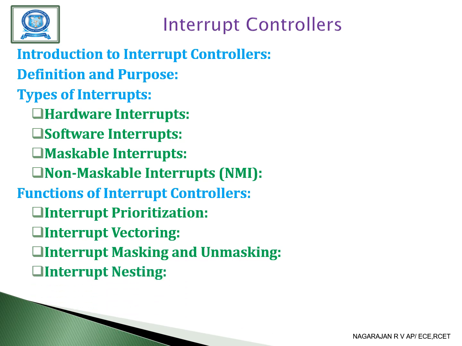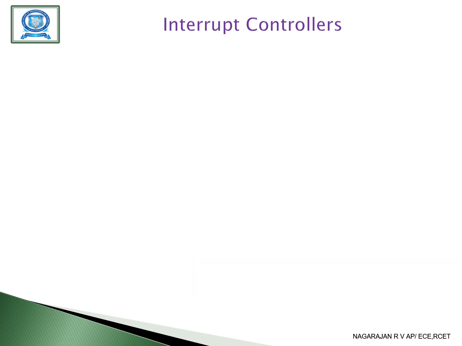The next function is interrupt nesting. Some interrupt controllers support interrupt nesting, where a higher priority interrupt can interrupt the processing of a lower priority interrupt. This feature is useful in real-time systems where certain events must be handled immediately regardless of the current task.